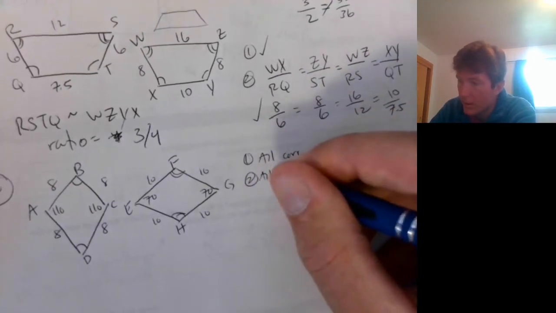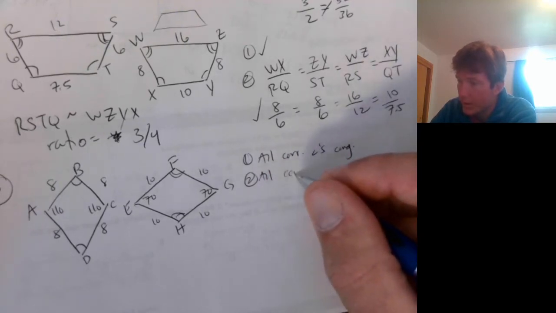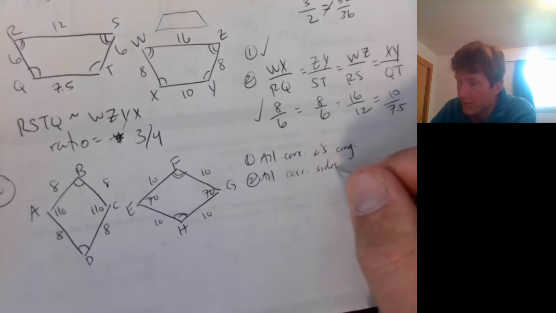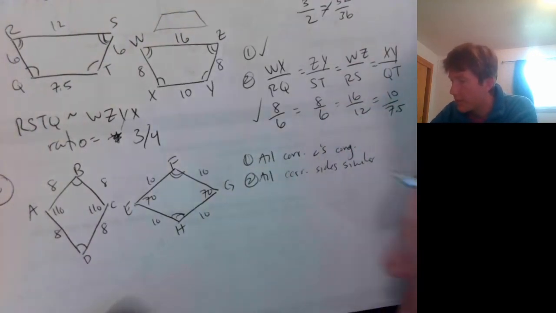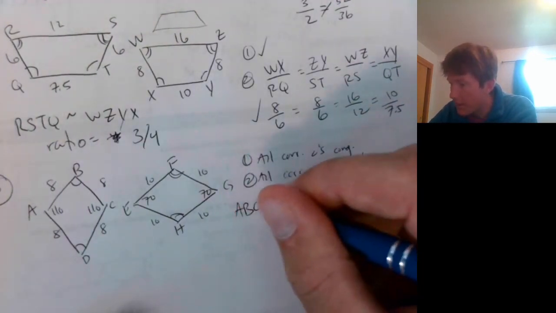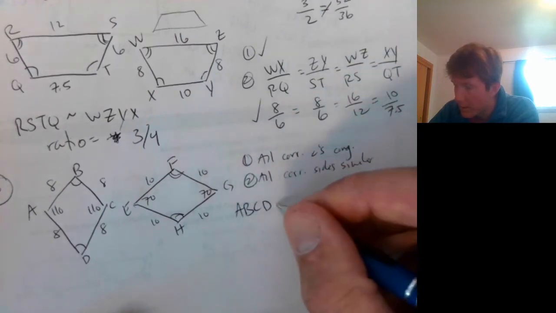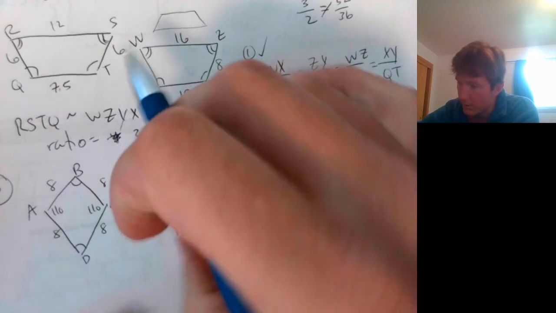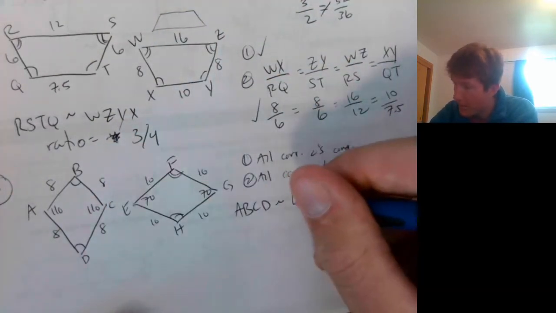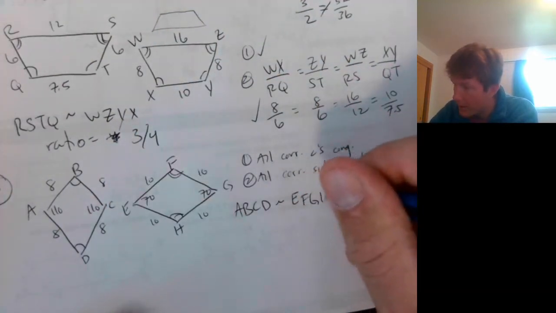and all corresponding sides similar. Therefore, these are similar polygons, so we could say that ABCD is similar to, and then you gotta be careful here, we need to rotate this, EFGH, okay?